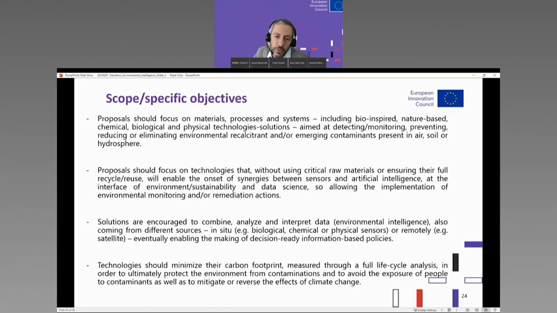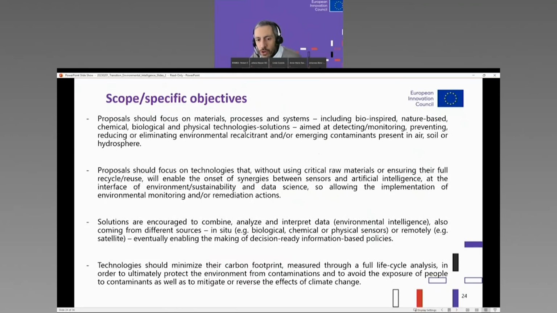So we want also to provide potential scalable data science activities, so that we will be able, thanks to these systems of environmental intelligence, to improve the environmental monitoring and eventually the remediation actions.